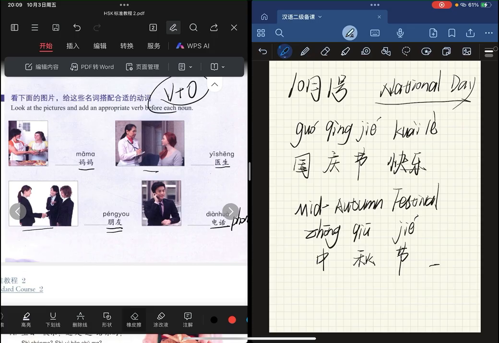Happy National Day, 国庆节快乐. And Happy Mid-Autumn Festival, 中秋节快乐. We use the 快乐.